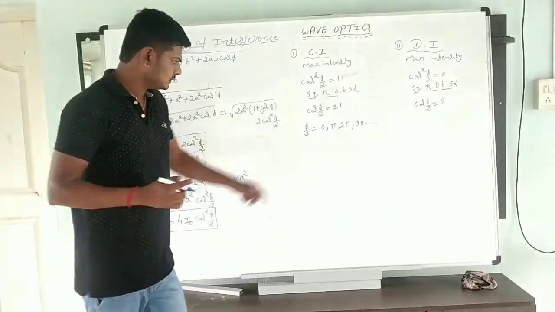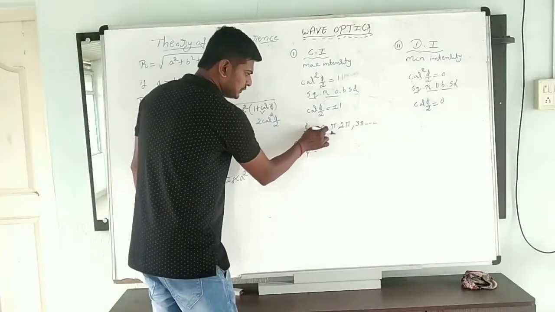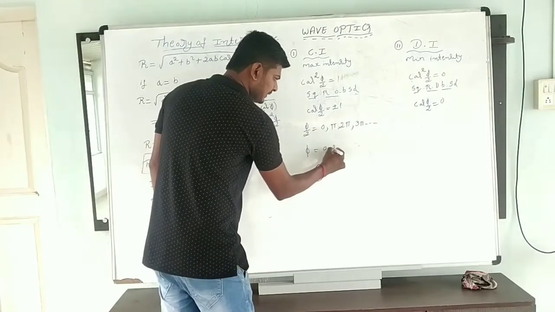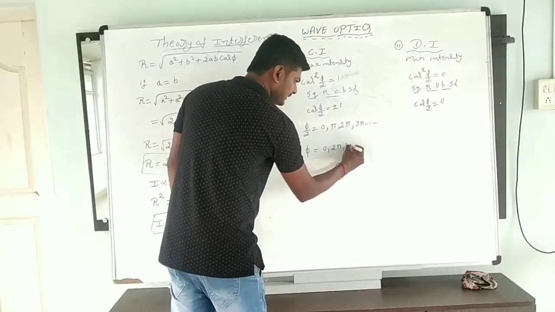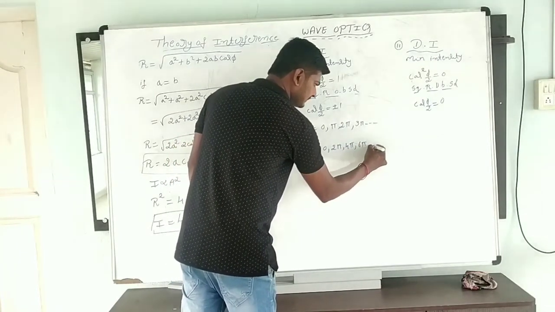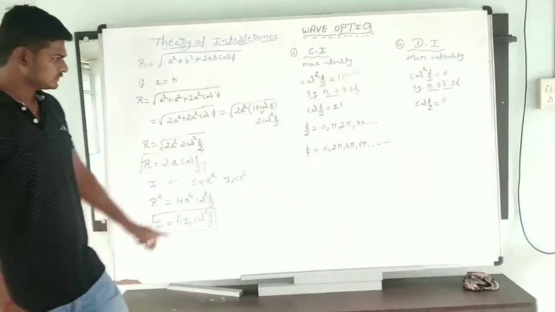This is pi by 2. Now when I multiply by 2, 2 into 0 is 0, 2 into pi is 2 pi, 2 into 2 pi is 4 pi, 2 into 3 pi is 6 pi, and so on.